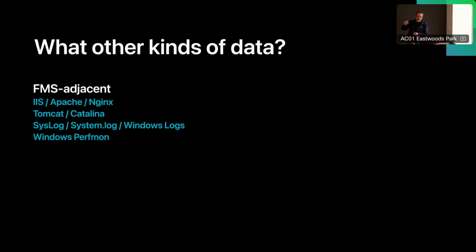Actually, the second one, Tomcat Catalina, is actually part of FileMaker Server. When you do a lot of WebDirect, you're going to have a lot of Catalina logs in there. So if you're having issues with your WebDirect, that's the place you can look. They're hidden somewhere in the FileMaker folder structure, but they're there. If you search on the word Catalina, they'll come up. Actually, if you do a lot of WebDirect, it does pay to be on the very last version of FileMaker Server.